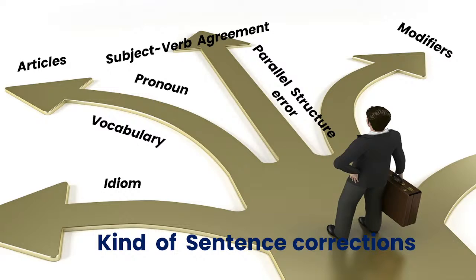If we go through some questions, then you will be able to understand the type of sentence and how these question types have been asked. So let's go for that. Before that, let's get an idea of the different patterns for questions. Generally, the first is choosing the grammatically correct sentence.